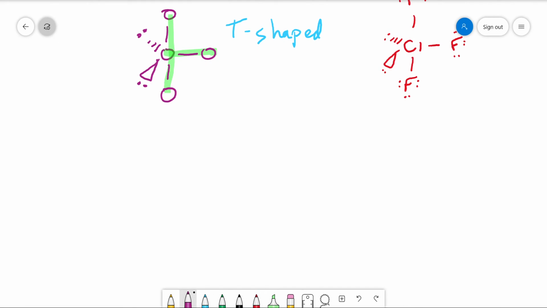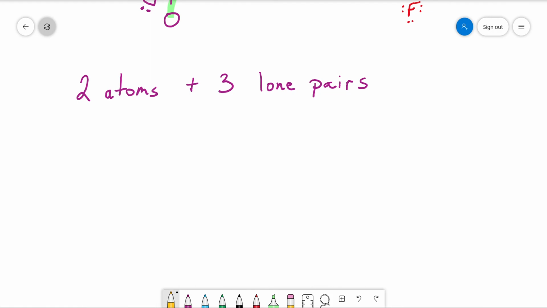And one final one. We have 2 atoms plus 3 lone pairs. Okay, 2 atoms, 3 lone pairs. Again, the electrons go in the equatorial positions.